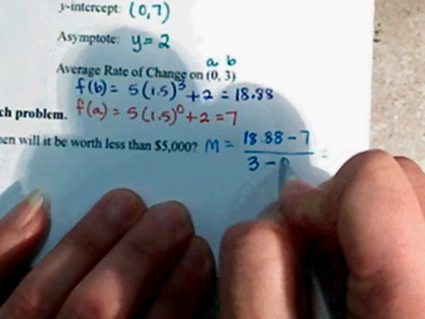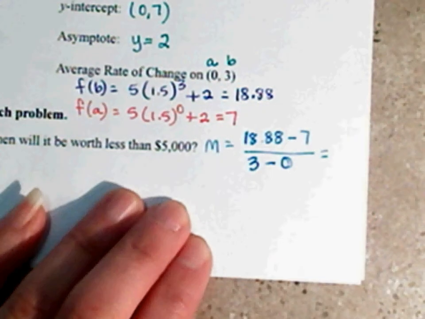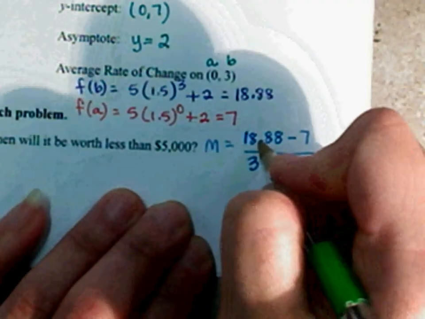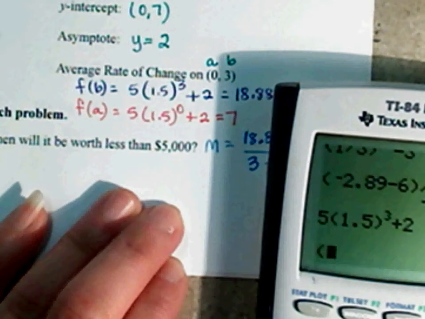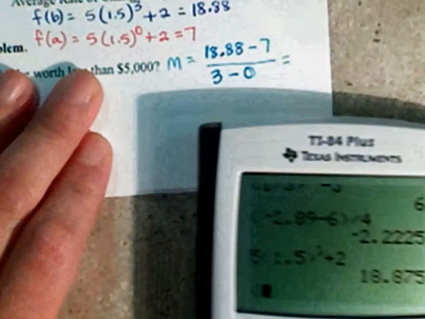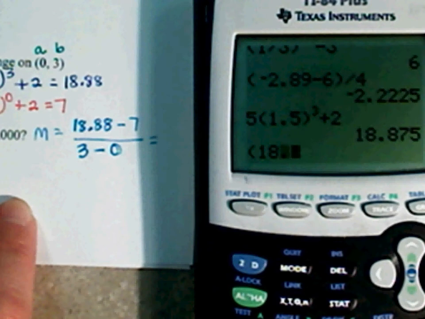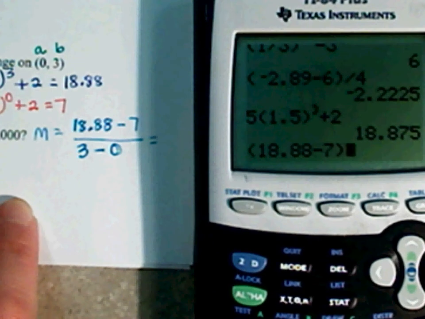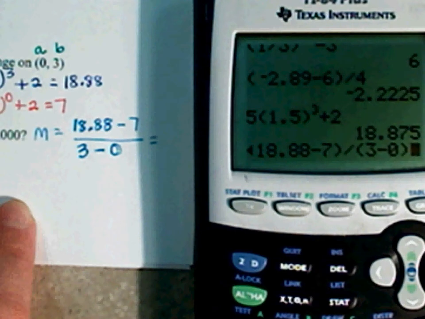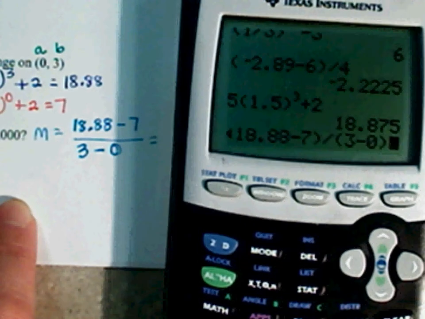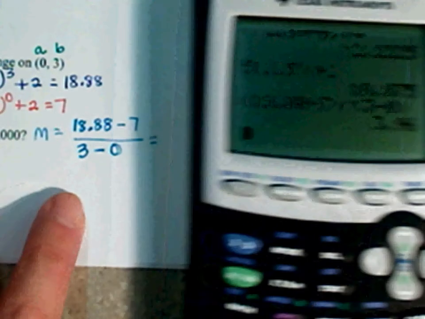Parentheses. There we go. 18.88 minus 7 in parentheses divided by parentheses 3 minus 0. So you can type it in just like that. Okay? And that comes out to be 3.96. So your rate of change is 3.96.